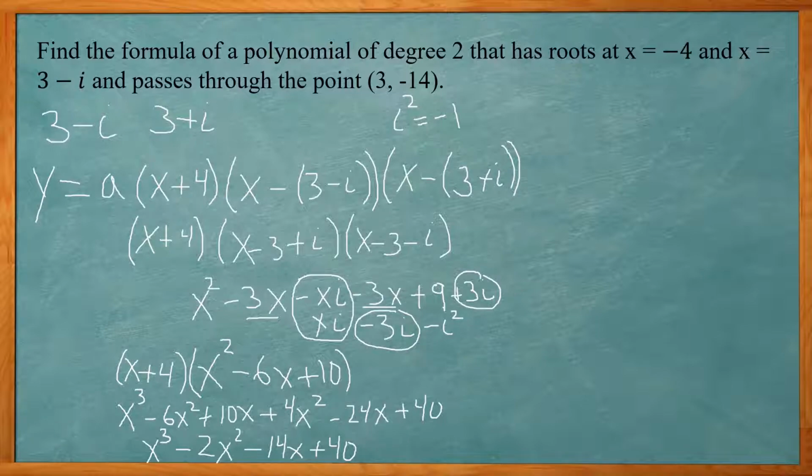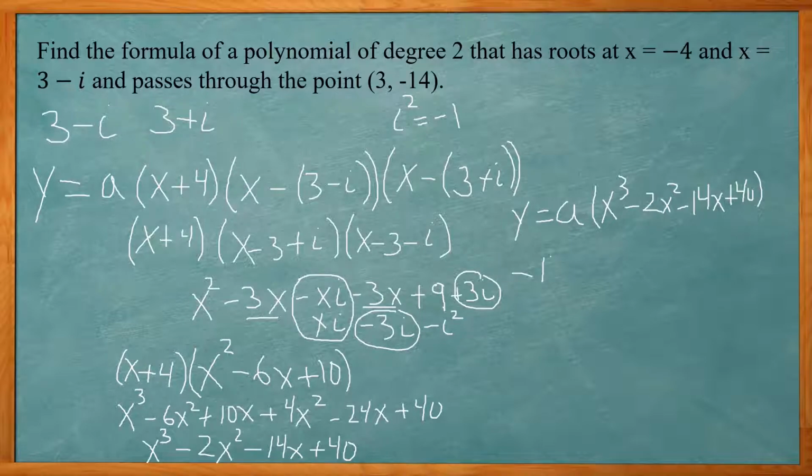Alright, so now I need to figure out what a is equal to. So we have y is equal to a times x to the third minus 2x squared minus 14x plus 40. And we have our point at (3, -14).